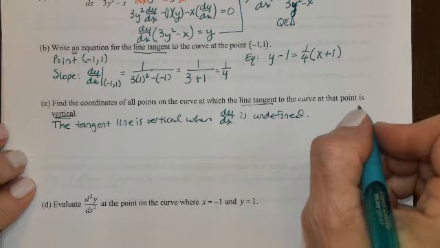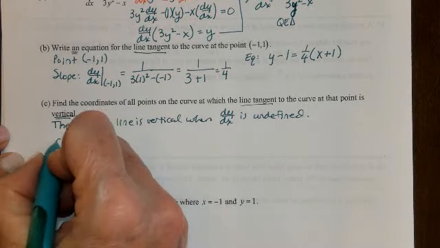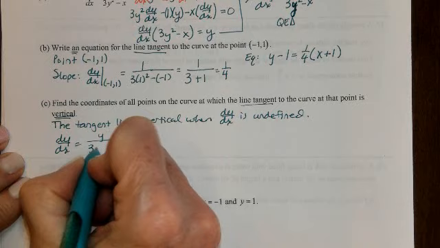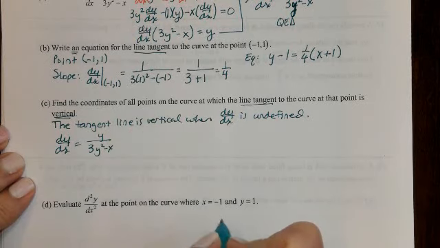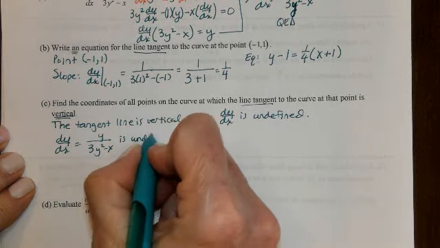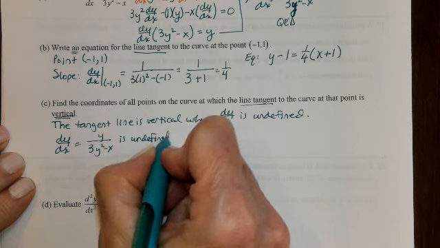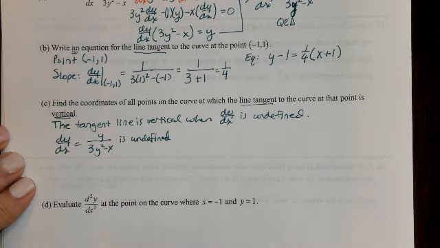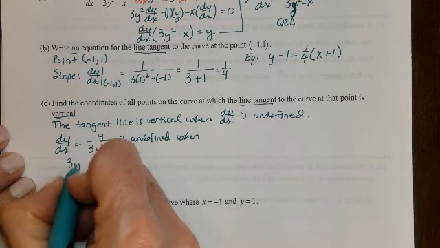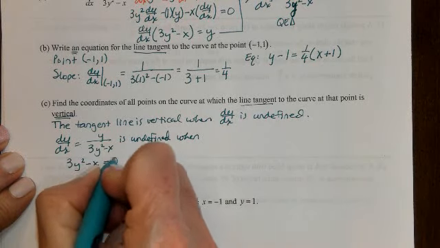You don't know. Okay, so dy dx is equal to y divided by 3y squared minus x. And this is undefined when what is happening? How do you know when a fraction is undefined? Well, the denominator is going to be 0. So this is undefined when 3y squared minus x equals 0, right?